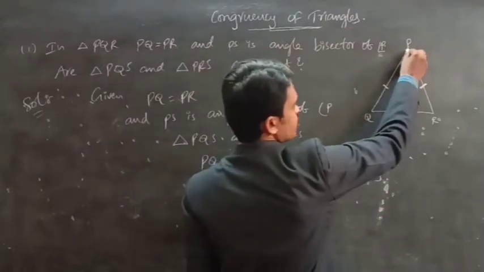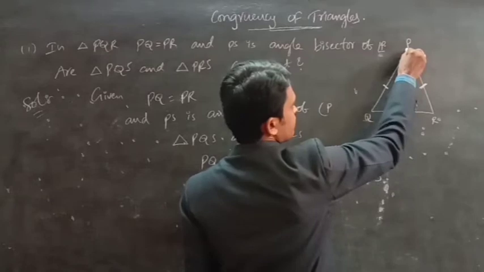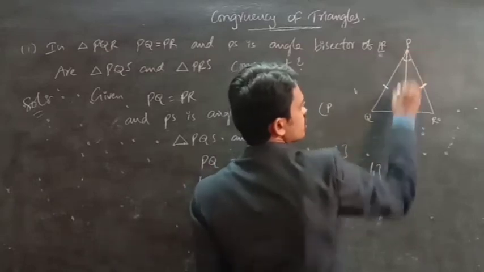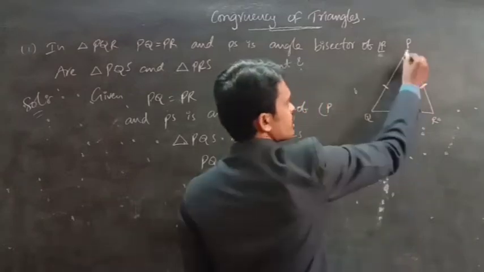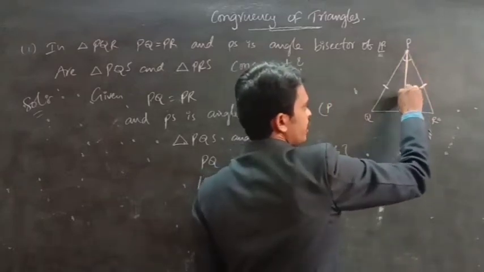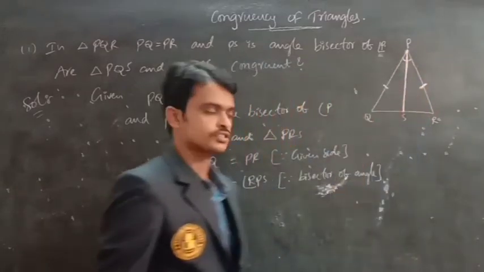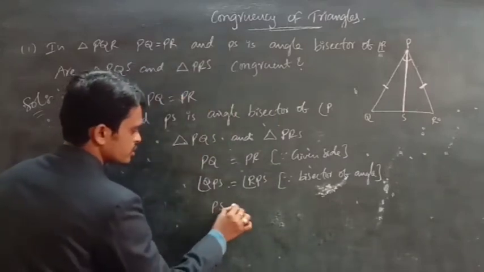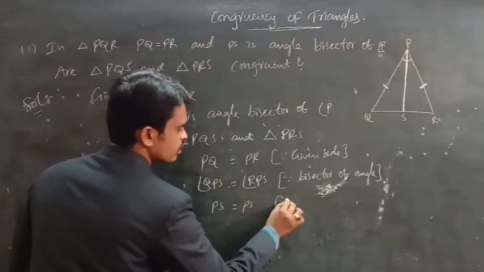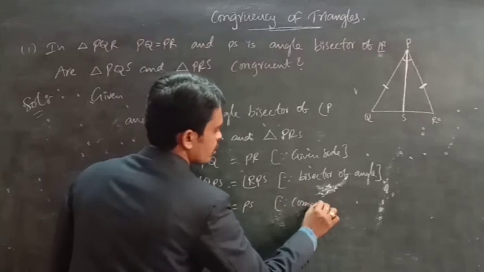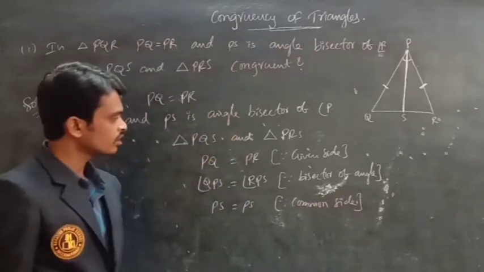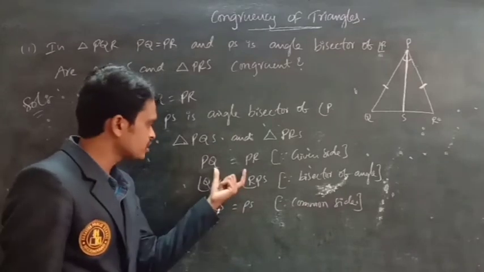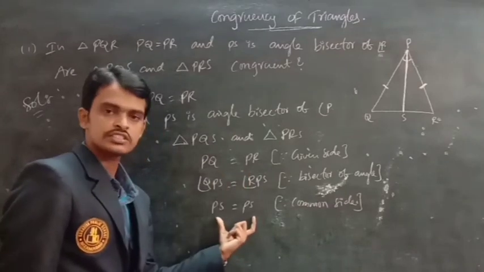Next, in these two triangles, triangle PQS and triangle PRS, PS is a common side for both triangles. Then PS is equal to PS, since it is a common side. So what do you observe? Side, angle, side.